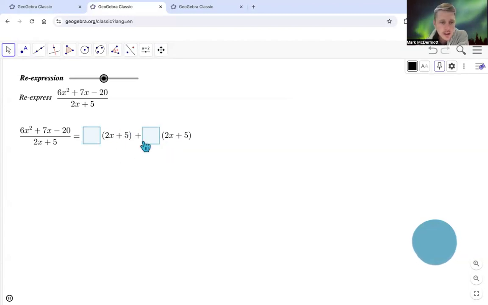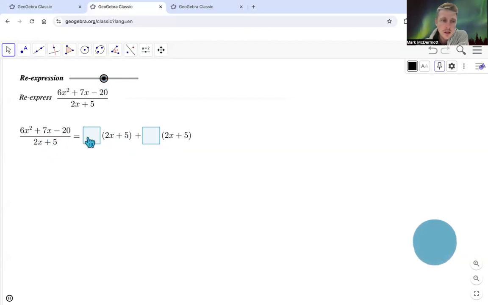And you'll see why that's the case in a moment. The number of brackets you need to put is equal to the highest power in the polynomial in the numerator. So I've got a power of 2 here, so I'm going to put 2x plus 5 twice with the corresponding boxes in front. Okay, and this is how we're going to do re-expression.